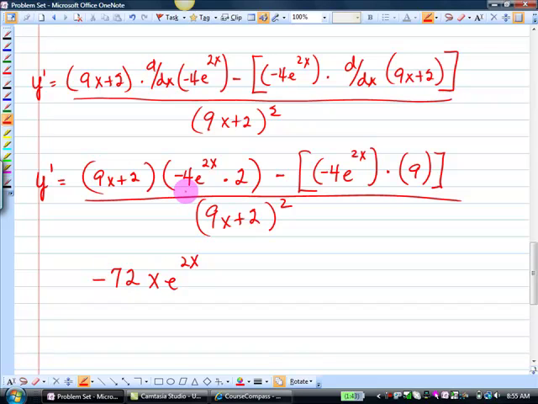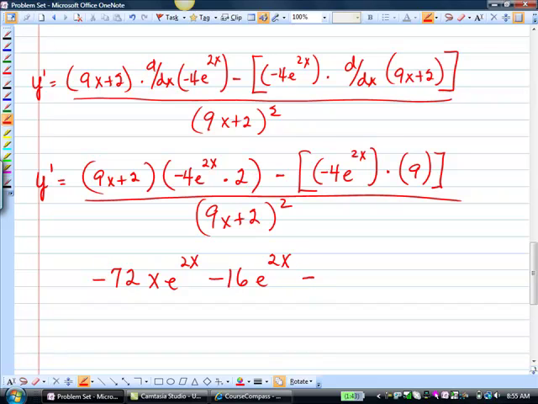That'd be negative 8 e to the 2x, and then I multiplied it by 9x. Plus, no, not minus, it's minus because that's a negative 8. Minus 16 e to the 2x. That's multiplying negative 8 e to the 2x times 2. So this has just actually been combined.